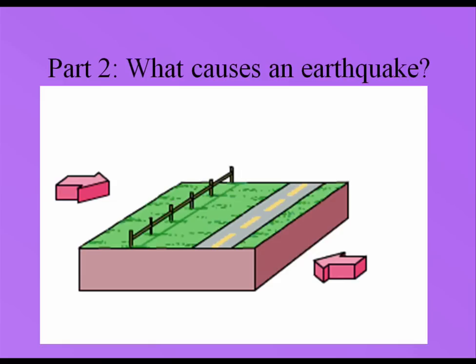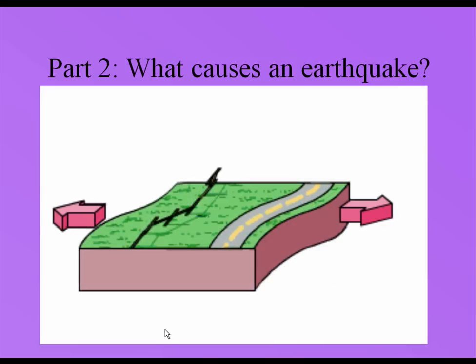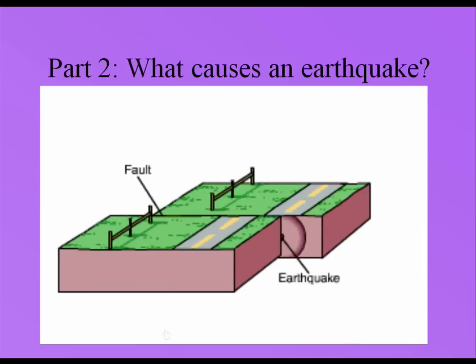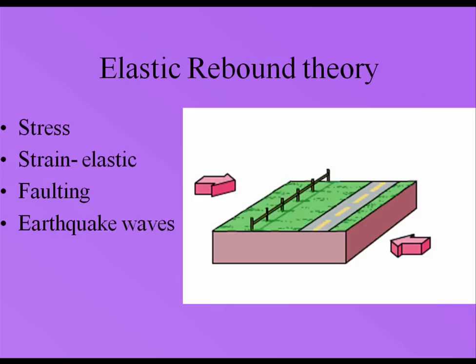This should lead us to the question, what causes an earthquake? Here's a simple demonstration. As stress is applied, the earth bends and finally breaks. The idea behind this is called the elastic rebound theory.